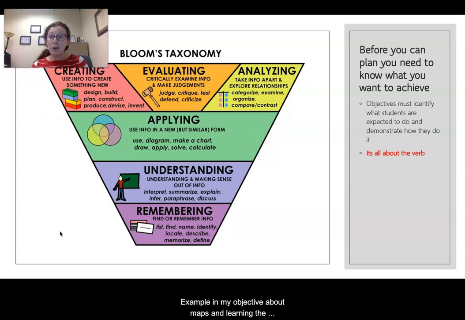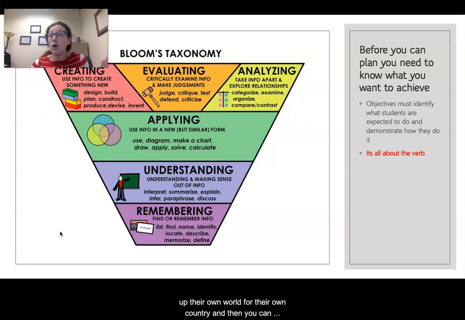So for example, in my objective about maps and learning the poles and the equator and the continents, you might have your students remember where the poles are and understand what that means and understand what a continent means and be able to identify it. But you could also have your students create a map where they have to provide the poles, and not just a world map.